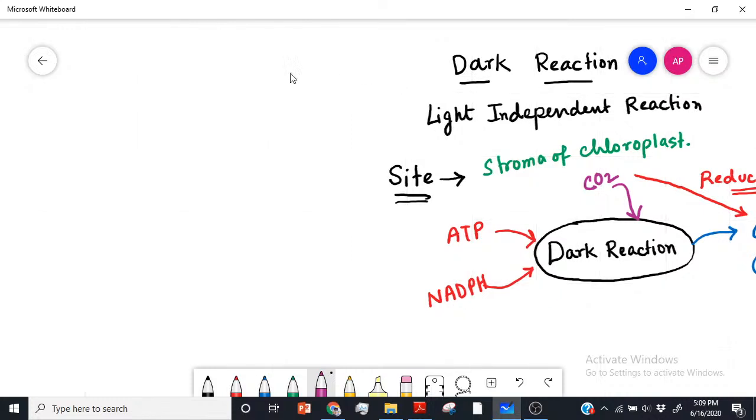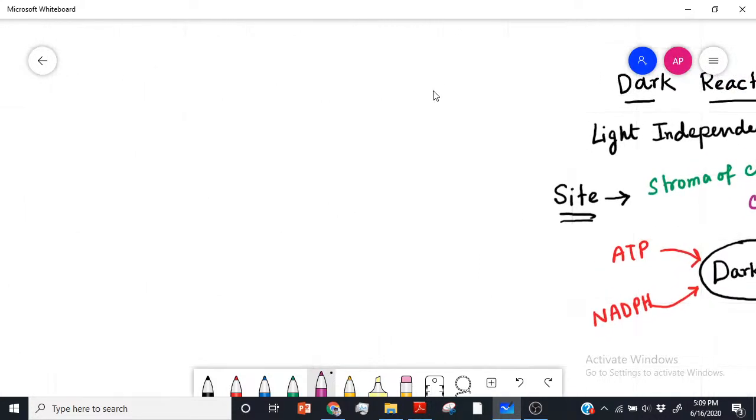Another thing that we discussed in the previous class that we should learn right now is that we have non-cyclic photophosphorylation and cyclic photophosphorylation. These are the two types of light reaction or light dependent reaction, right?